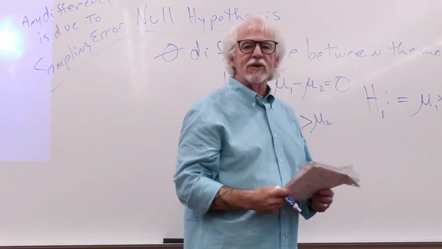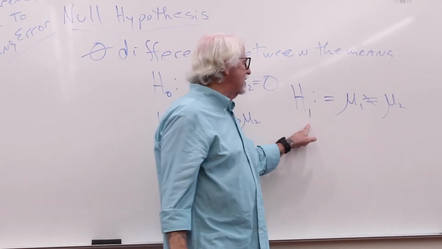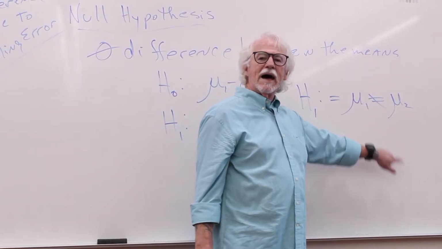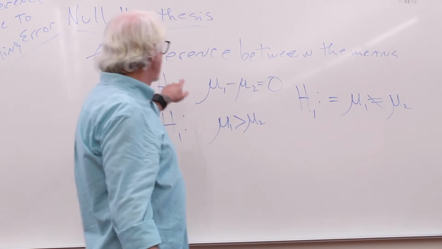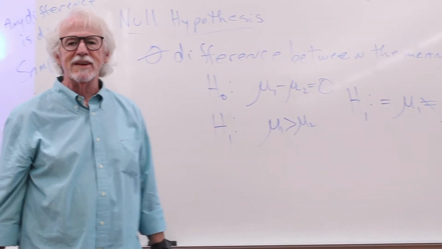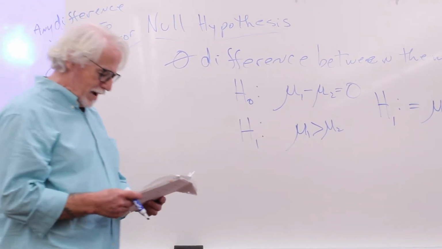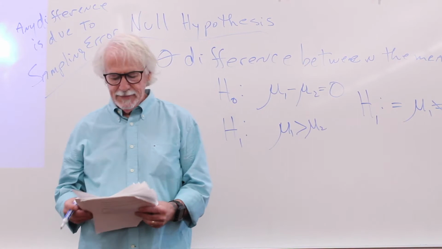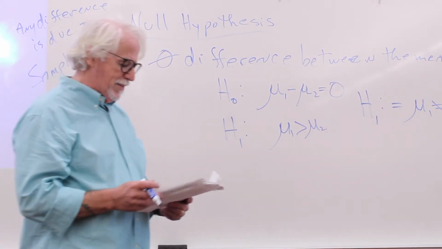So in that case, all I'm willing to say is my alternate hypothesis says mean 1 just will not equal mean 2, right? Whereas the null hypothesis basically says mean 1 will equal mean 2. All right, so that's our null hypothesis. There's no difference between the means.